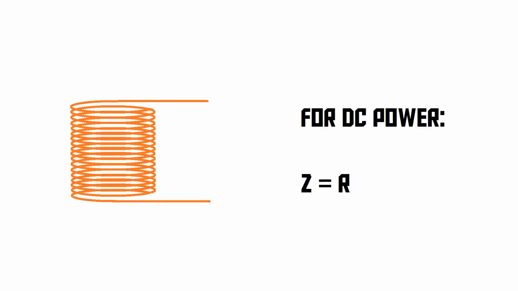Now if we take a coil and connect it to a DC power supply, so a constant voltage, this will create a constant current through this coil, and therefore a constant, stable magnetic field around the coil. In this situation, the coil behaves as though it's just a long wire, okay? So the resistance of the coil in this case is still equal to the impedance. Yes, it's wrapped up in the shape of a coil, but it's still just a long wire, okay? So in this case, everything's fine.